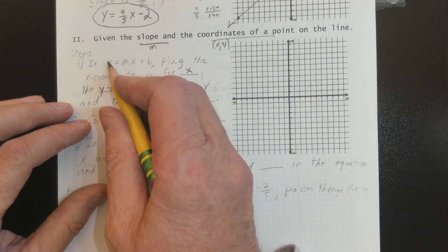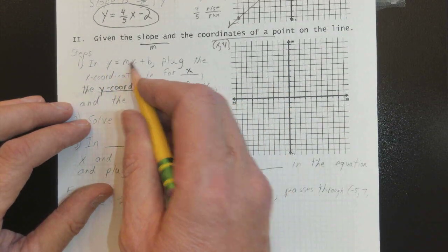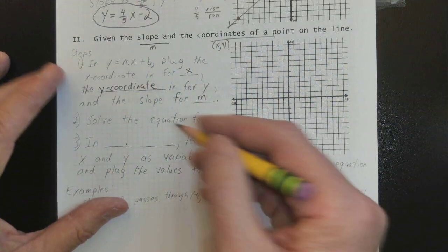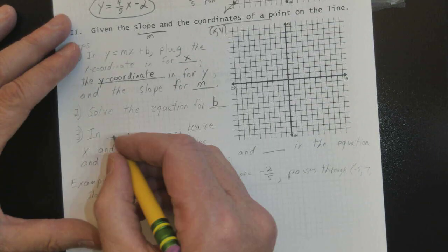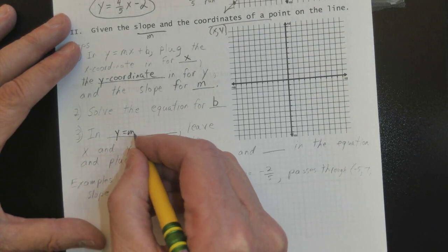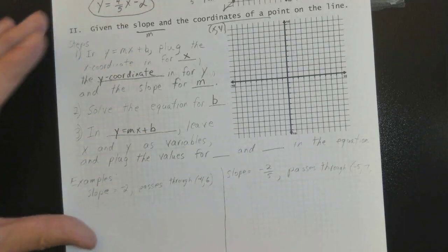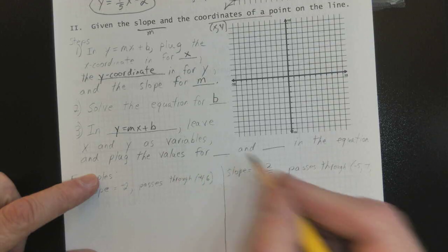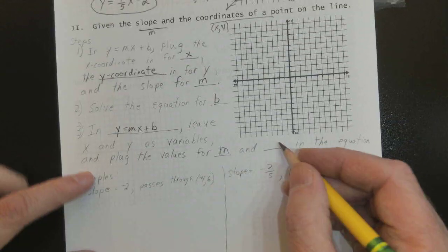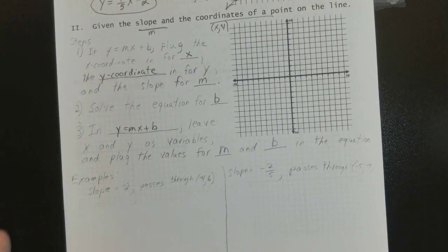You'll have a number where y was. You'll have a number where m was. You will not have a number for b, so you're going to solve that equation for b. Then in y equals mx plus b, leave x and y as variables, and plug the values for m and b in the equation.